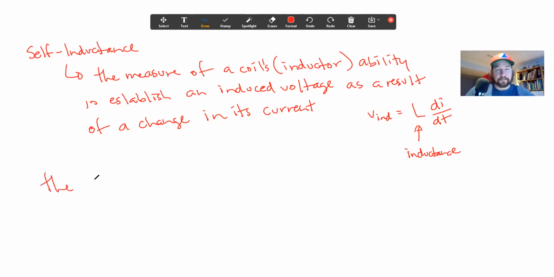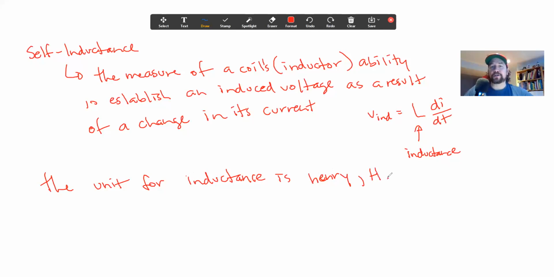The unit for inductance is henries. I'm not sure why I put a capital H, because it's based on a name, but it's not a name. So henries, H. Millihenries, kilohenries.